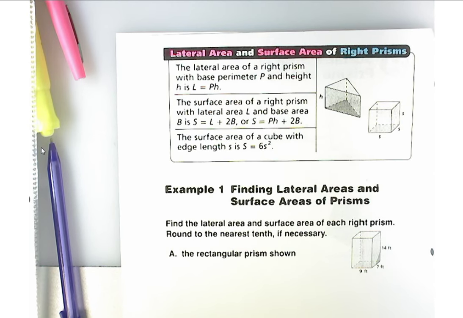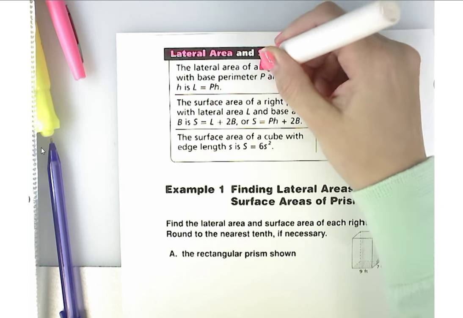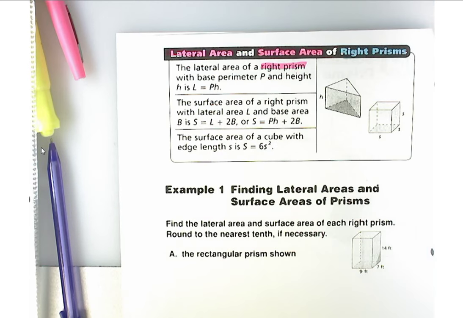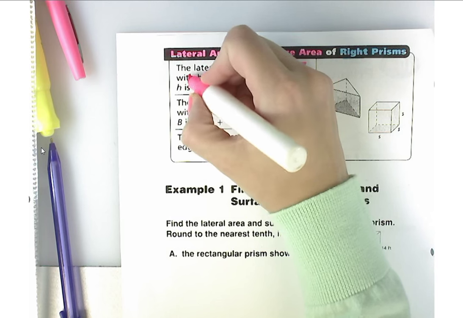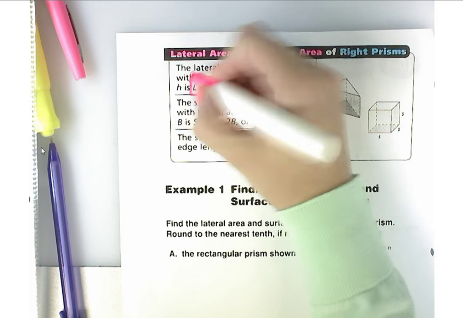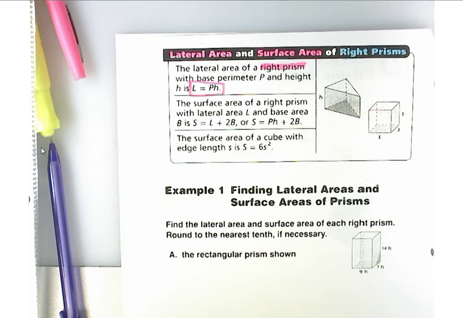So the lateral area of a right prism with a base perimeter P and a height H is given by L equals PH.